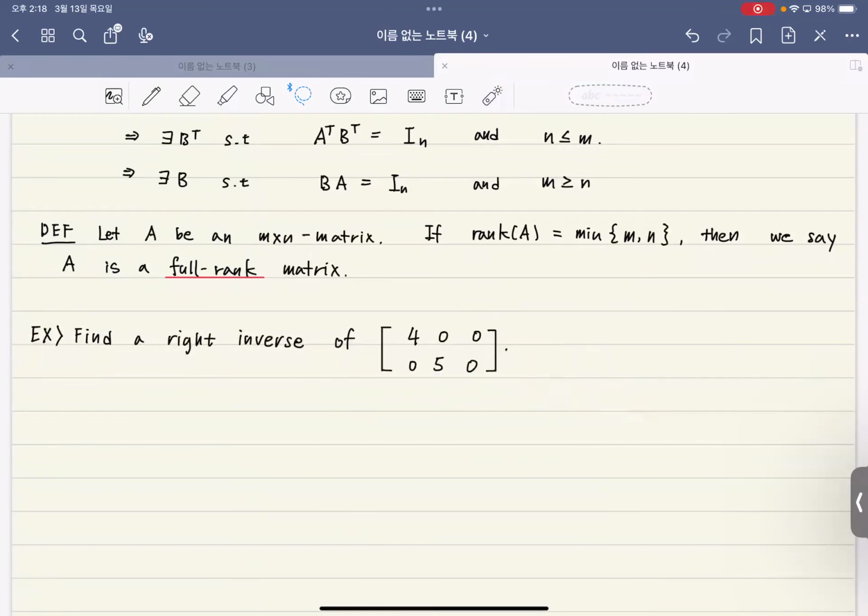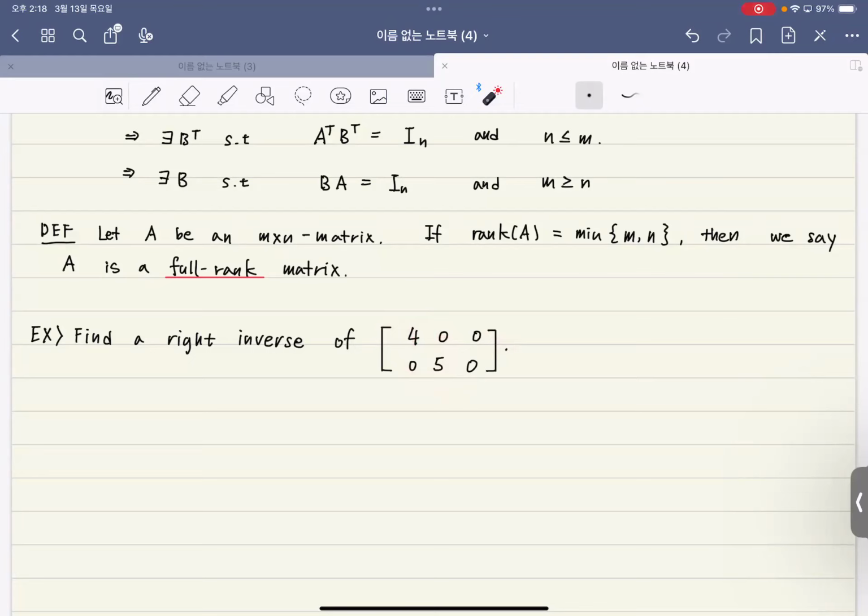Now, let me turn to an example. I have a wide matrix. This is a 2 by 3 matrix. And as you can see from this picture, this is actually a full rank matrix, so I have 2 linearly independent columns.